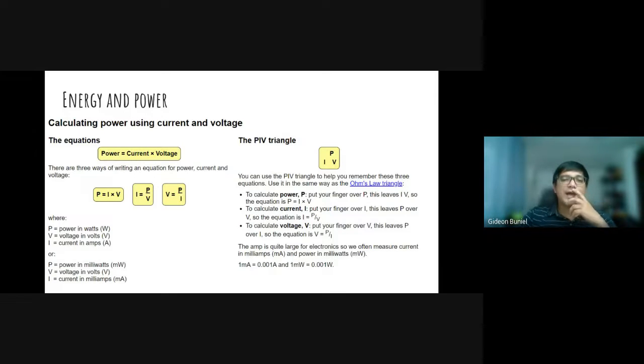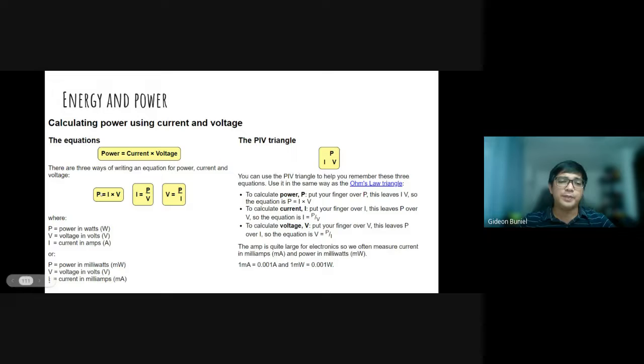Calculating power using current and voltage. Now, there are three ways of writing an equation for power, current, and voltage. The general equation that we have is power is equal to current times voltage.